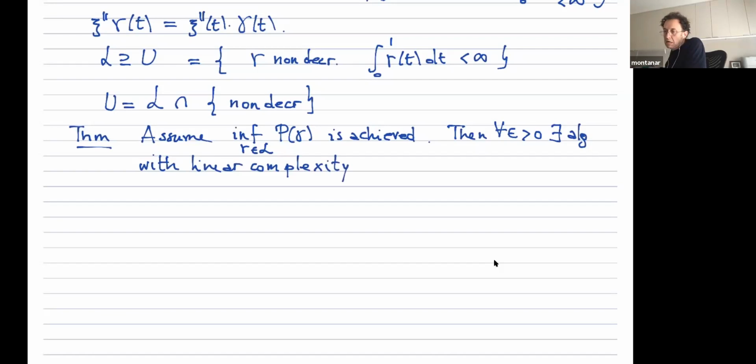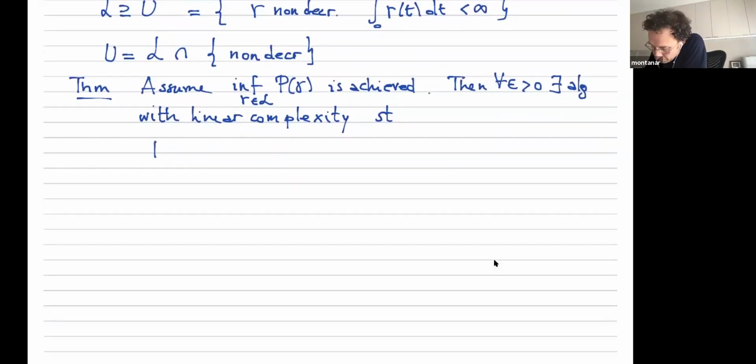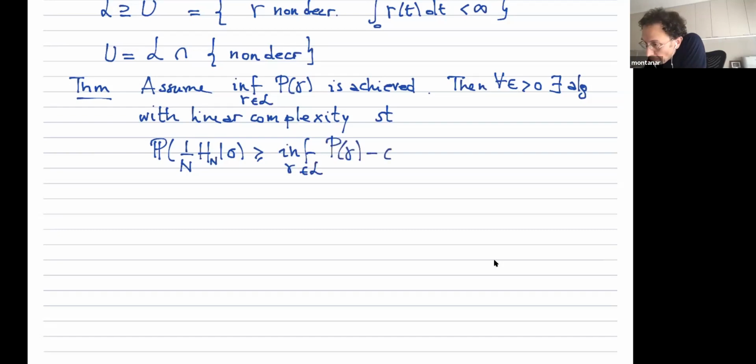So linear means the time it takes to read all the tensor W, or in fact also the time it takes to evaluate the gradient of H at a point sigma, such that you can achieve this inf, as n goes to infinity.